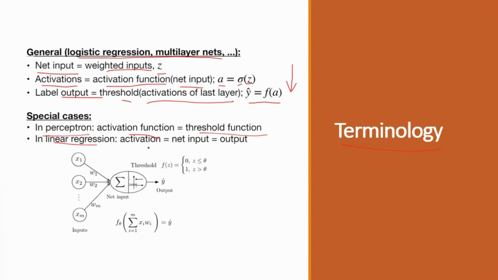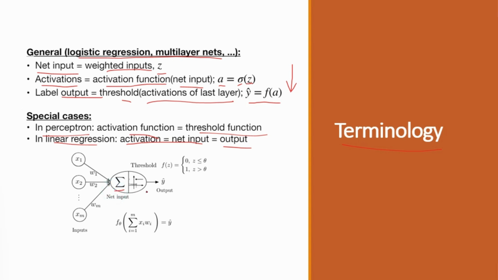In linear regression, the activation is equal to the net input, and it's also equal to the output. So these are two special cases. If we have a linear regression model, we would have linear activation, or just the weighted sum, and then the output is just the weighted sum.